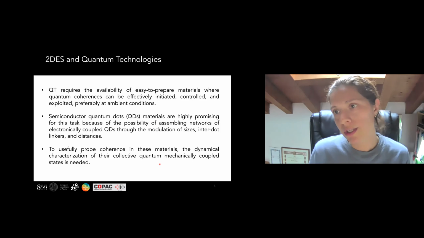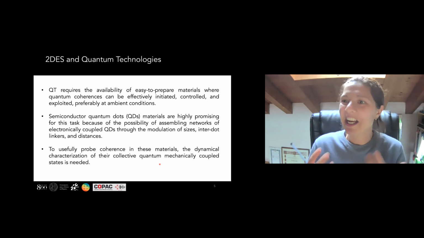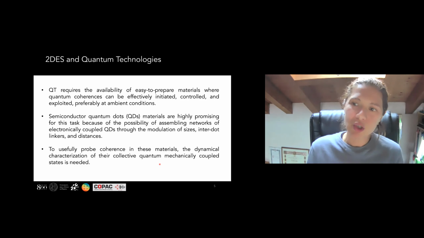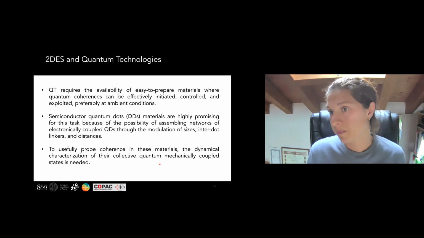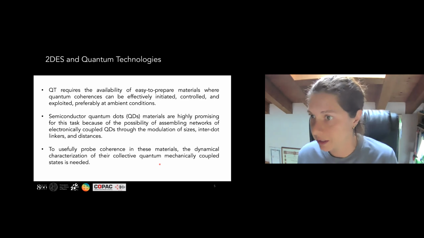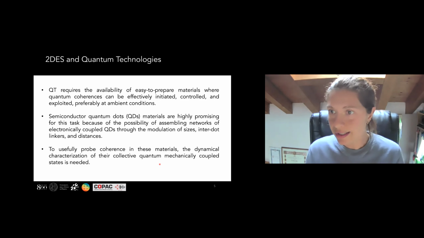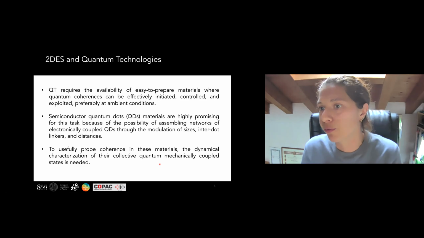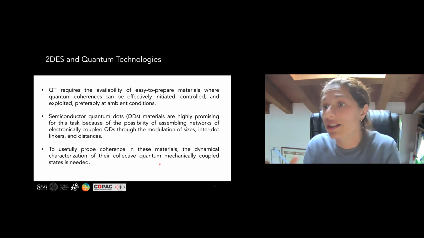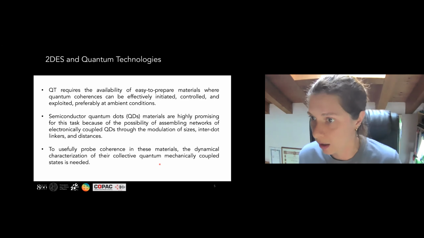Quantum technologies are a family of technologies that are a very exciting research field nowadays. Quantum technology wants to fully exploit the quantum mechanical nature of matter in order to devise materials and devices with improved performances. The most familiar example of quantum technology is quantum computing, for example.